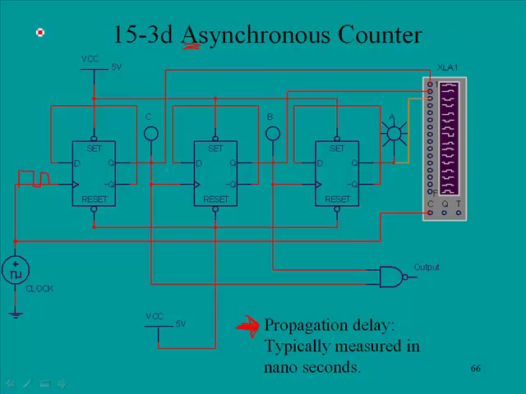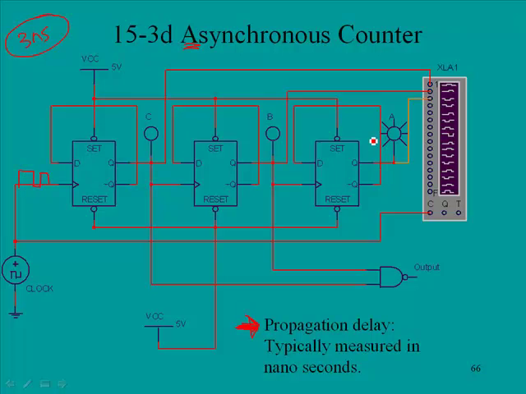You may have a gate that has maybe 3 nanoseconds from the time it goes from input to output, which isn't very long. However, if you have, in this case, 3 flip-flops, then it's going to jump up to 9 nanoseconds. That's the propagation delay, from the time of the input till the time of the last output.